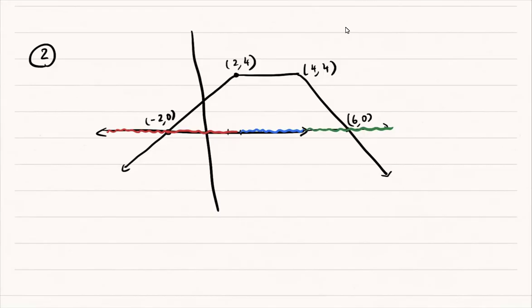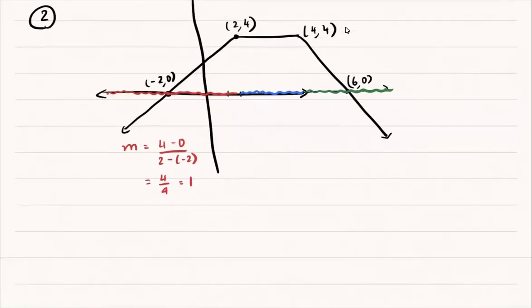So the first function is a straight line. I have 2 points on the straight line, so I can find the slope. What is the slope? y2 minus y1 over x2 minus x1. So 4 over 4, 1 is the slope. So then how do I write the equation?